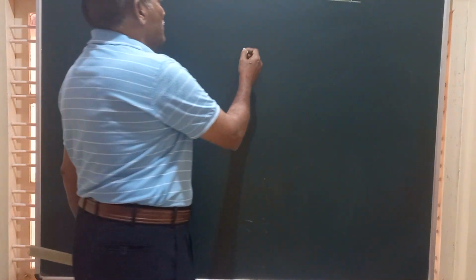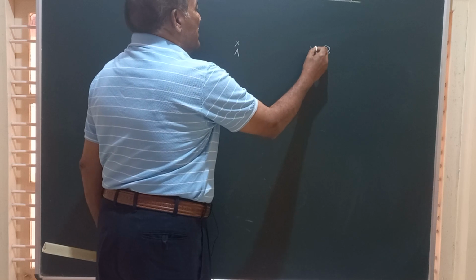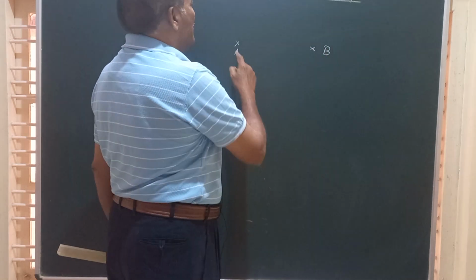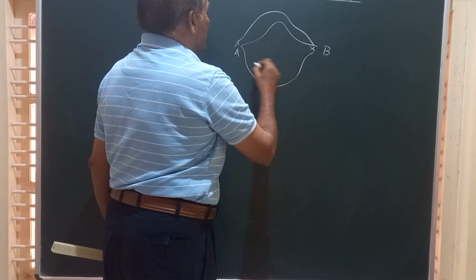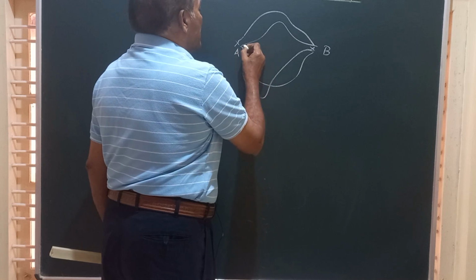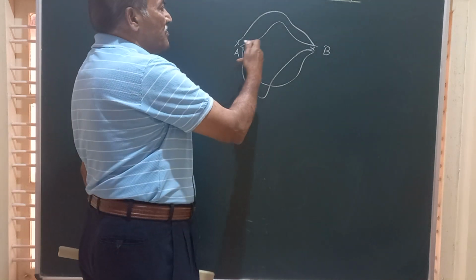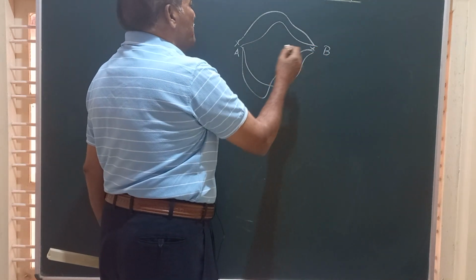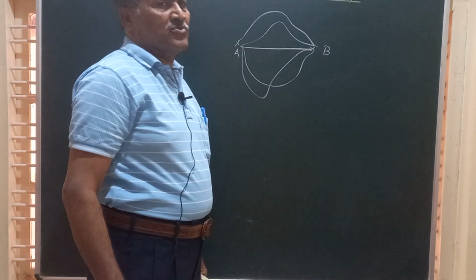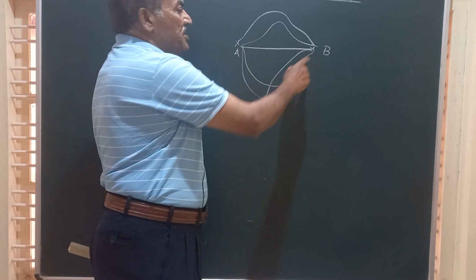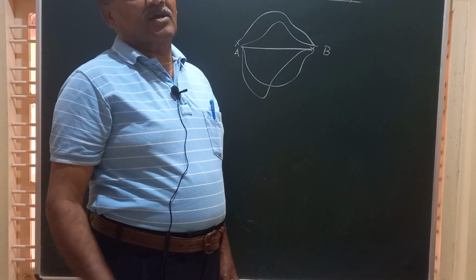If you have a point A here, point B here, we can reach point B from A by following different routes like this, like this, like this, and there are innumerable ways or paths we can follow to reach B. But there is one path which is the shortest between these two. So the line connecting A and B by the shortest route is the true length of a line.